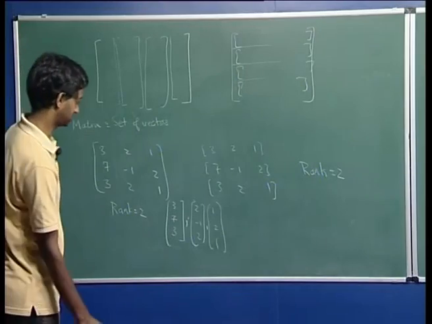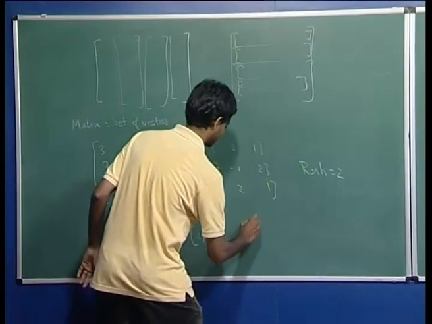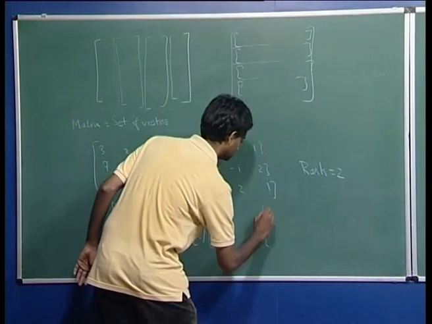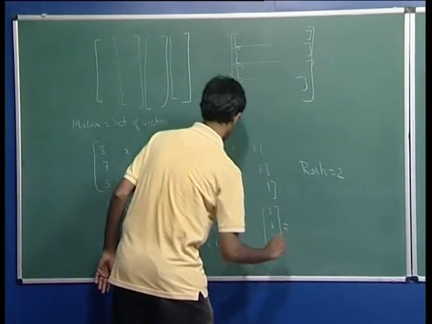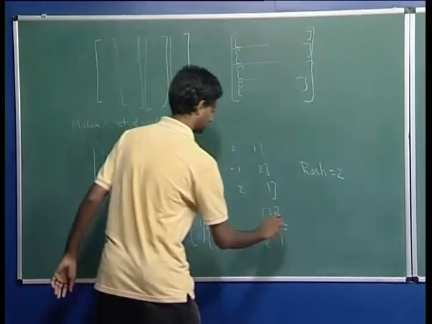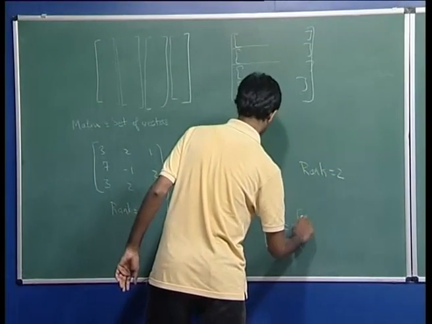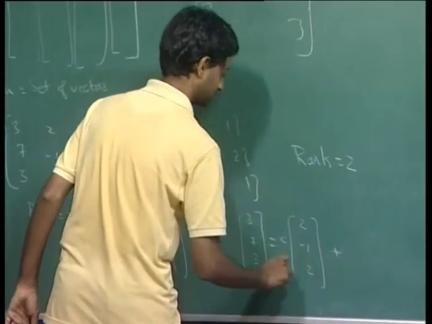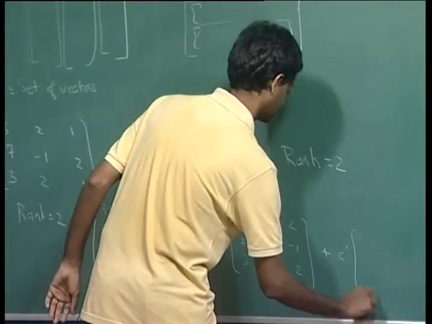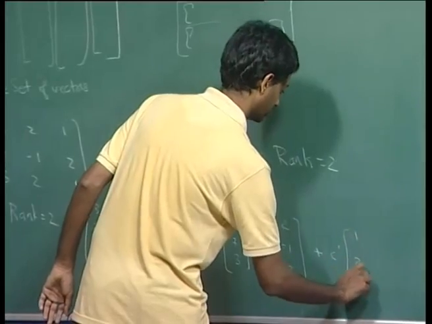So, for example, you should be able to write 3, 7, 3 is equal to some constant times 2, -1, 2 plus some other constant times 1, 2, 1.